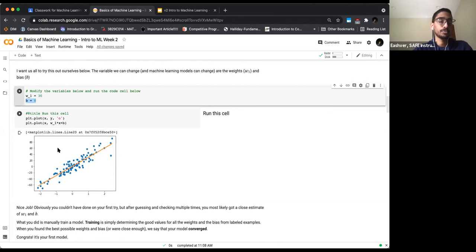When you've figured out the best possible weights, or were close enough that I could make it a little bigger but it's nothing totally different, that's the state in which we say your model has converged. Congrats, it's your first machine learning model, or your first model, because the machine didn't learn it, you learned it.